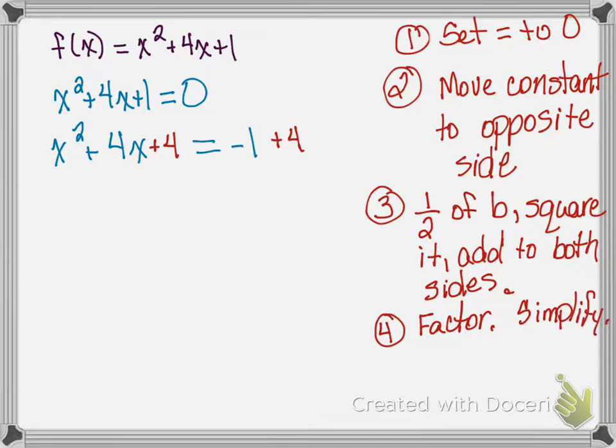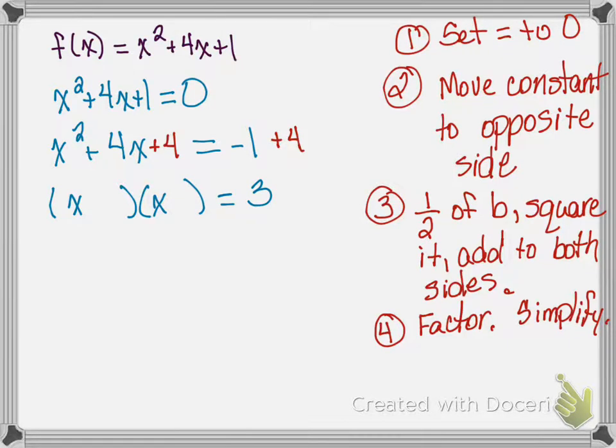Okay. So x squared plus 4x plus 4. A lot of students don't write this step down, and that's fine. What two numbers multiplied together give me 4 and added together give me 4? 2 and 2.